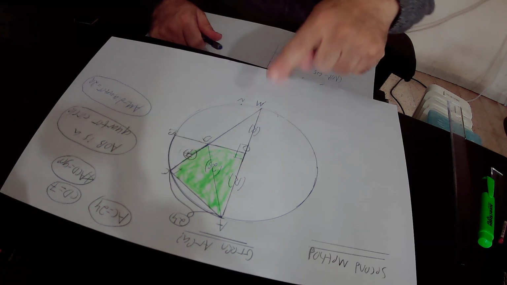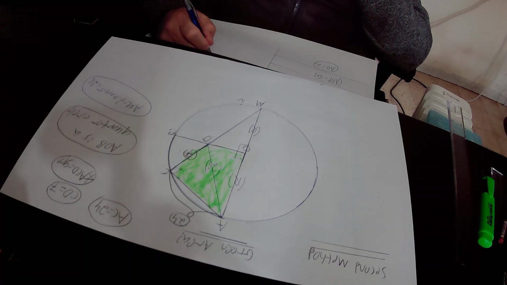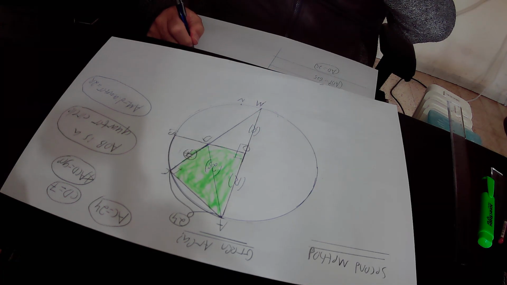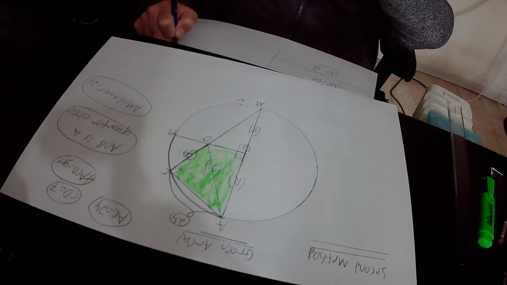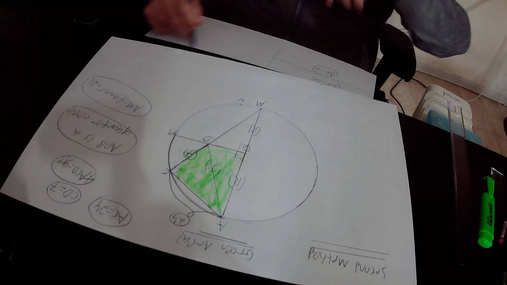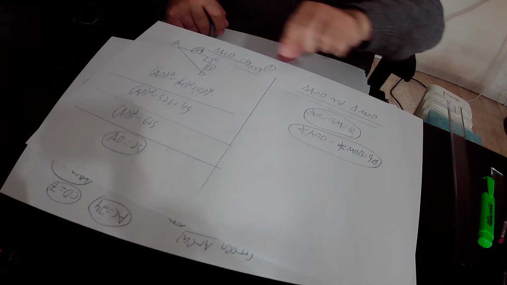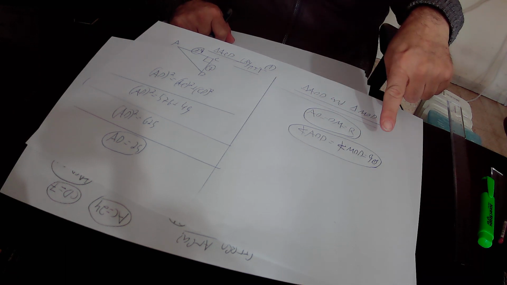So angle AOD of the green triangle equals this angle, angle MOD in the right triangle. Angle AOD in the green triangle equals angle MOD in the white triangle.